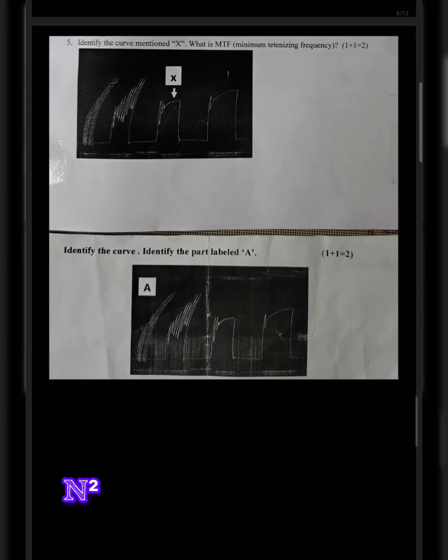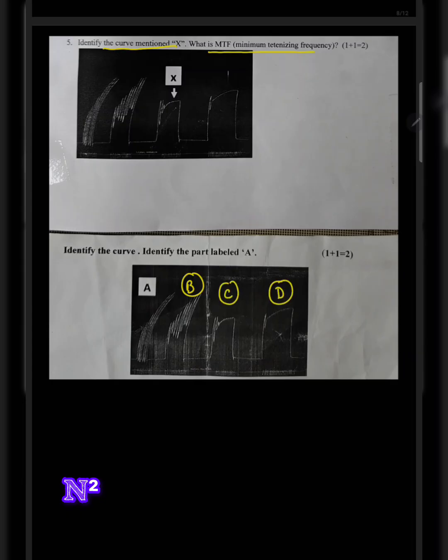So the next question for our discussion is, identify the curve marked X. What is MTF? And the question can also be framed as identify A, or the curve A, or they might give you the B curve, C curve, or D curve.